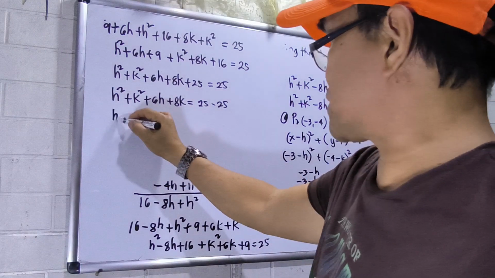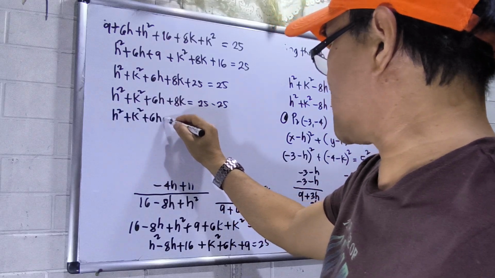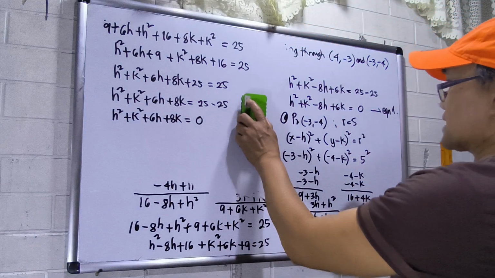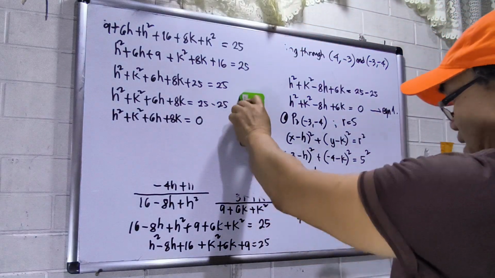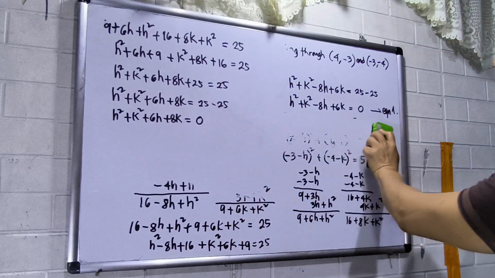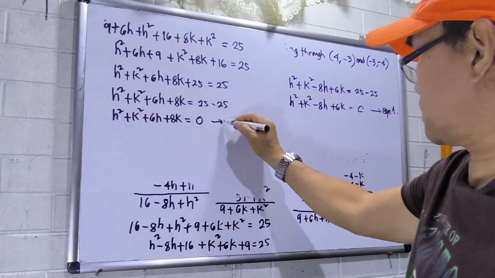So this will be h squared plus k squared plus 6h plus 8k is equal to 0. So this is now my second equation, equation 2.